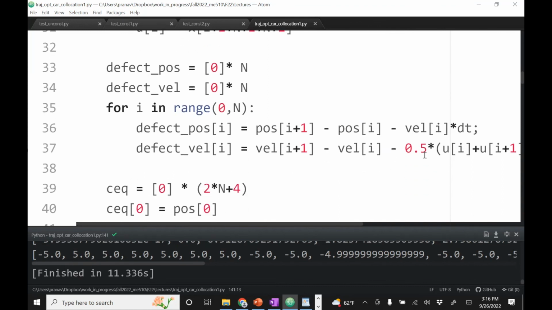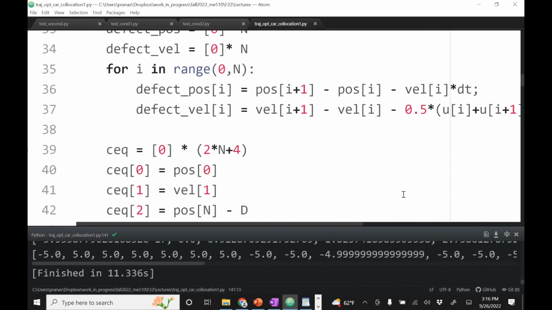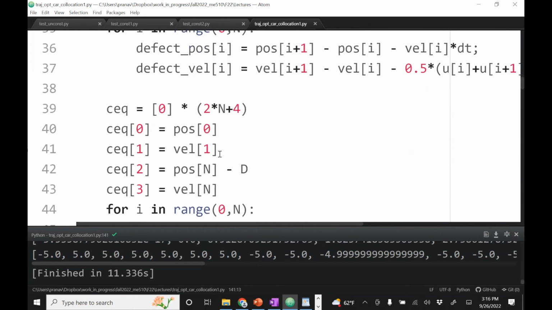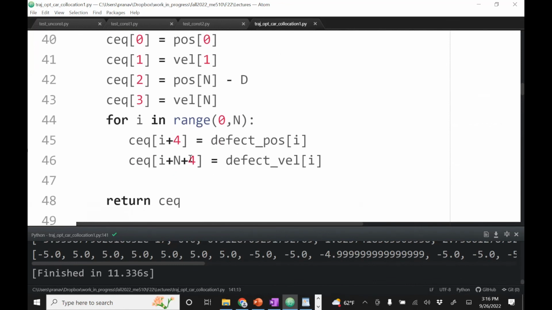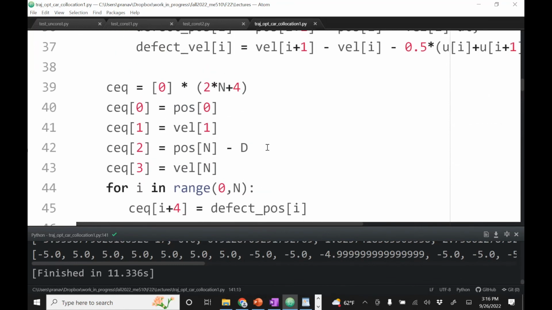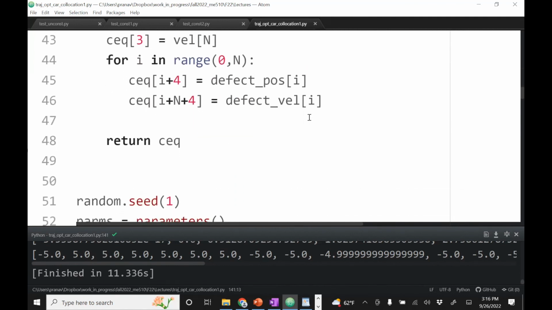In this case, I actually did not use the forward difference. I used the midpoint rule. So instead of taking u of I plus 1, I took the average of the last two. It's just one way of doing it. You could also put 1 times u of I plus 1, which I have in the notes. And then I have the equality constraints, 4 for the initial and final position and velocity. Then I have these two constraints for the system dynamics.